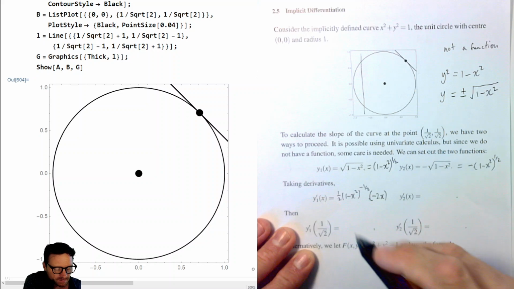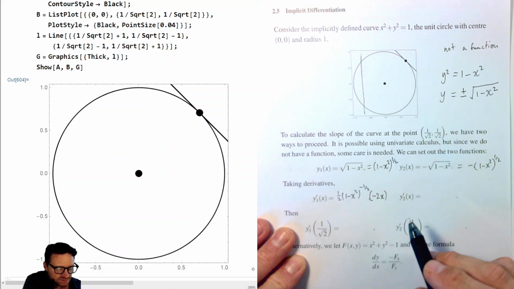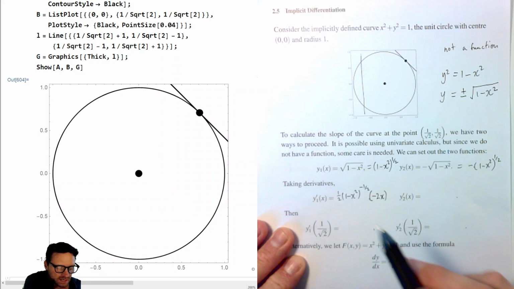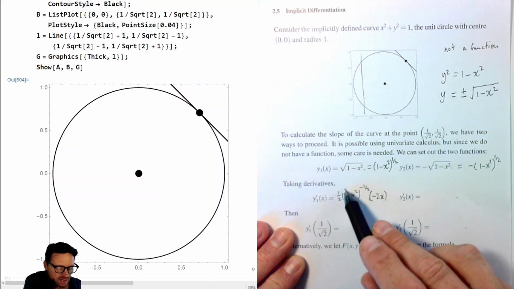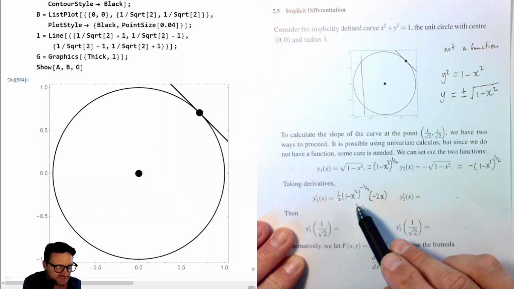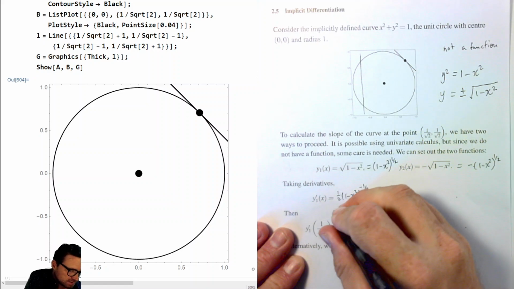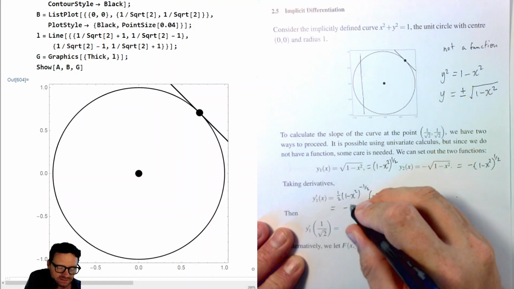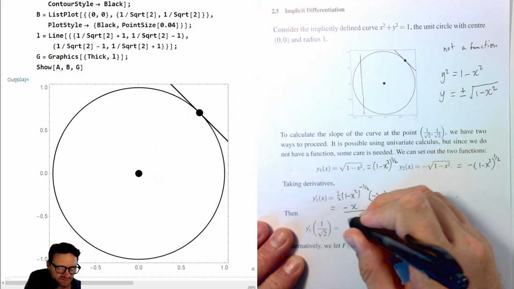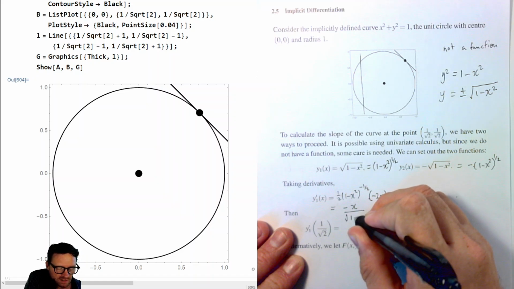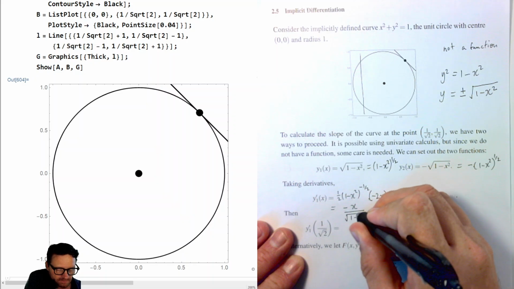And so we simplify this, canceling the 2's, and expressing this with a denominator of the square root of 1 minus x squared, we've got minus x over the square root of 1 minus x squared.